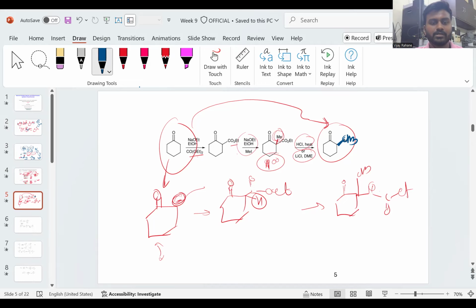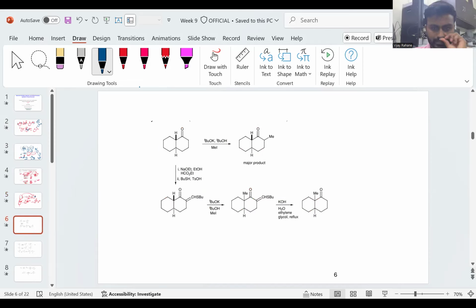We need some sort of sterically controlled starting material or reaction condition, in which we use chiral ligands, or chiral catalysts, or maybe the starting material itself is chiral.